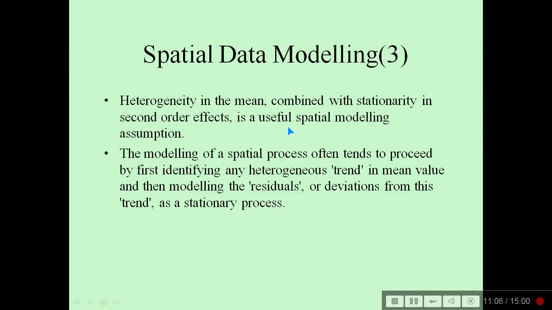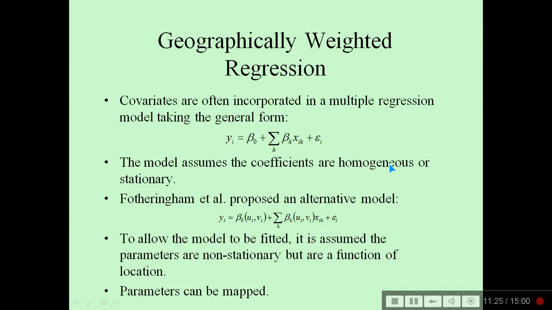Heterogeneity in the mean combined with stationarity in second order effect is a useful spatial modeling assumption. Modeling of a spatial process often tends to proceed by first identifying any heterogeneous trend in mean value and then modeling the residuals or deviations from this trend as a stationary process.